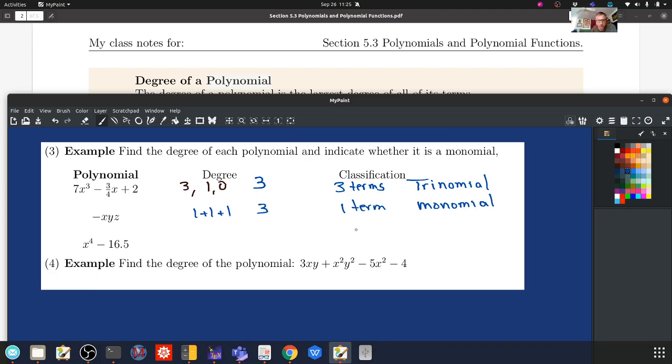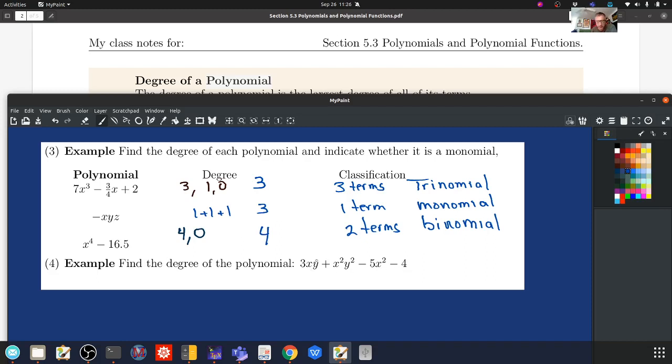This is 2 terms, so it is a binomial, like bicycle. The degree of the first term is 4, and the degree of the second term is 0. So the largest in that set is 4.